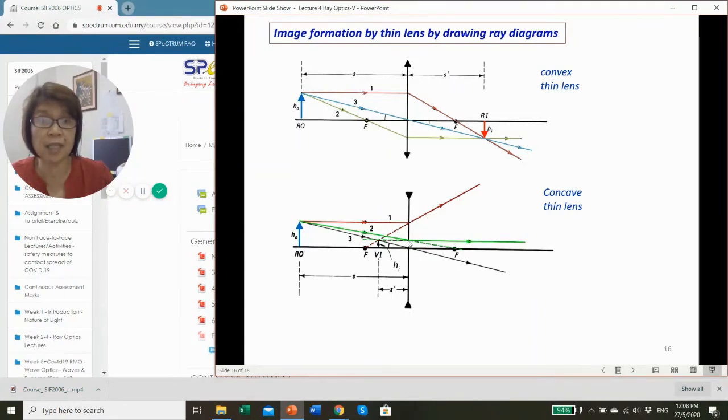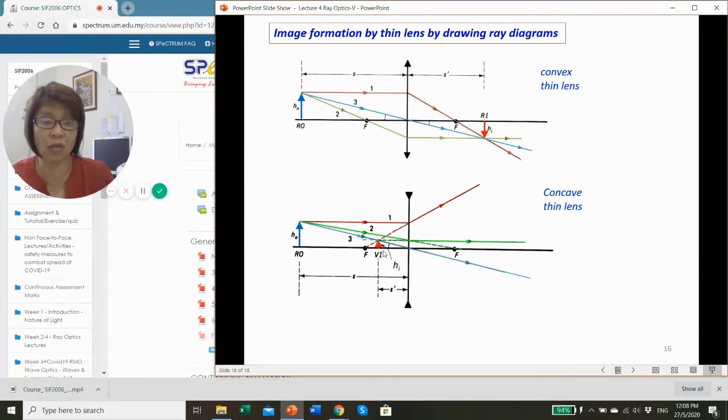So projecting this transmitted ray backward, it will meet the first ray at this point here, and that's where we locate the image. And of course, we have a third ray that passes through the lens undeviated, so align it through the center of the lens.